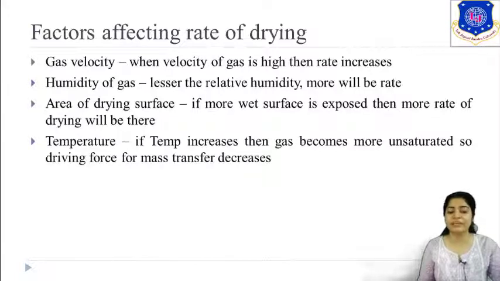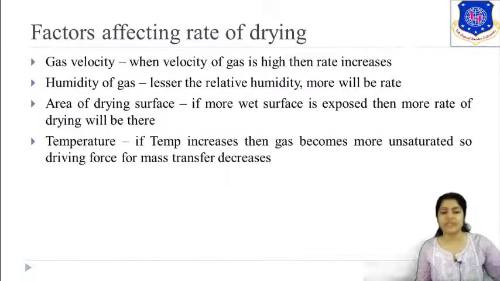Next is the humidity of your gas. The lesser the relative humidity, the more will be the rate. Of course, if your gas already has less water, then the concentration difference is high. The higher the concentration difference, the more will be the rate, because at the end your rate depends on the concentration difference, on the difference of partial pressures of water. So the less the humidity, the more will be the rate.